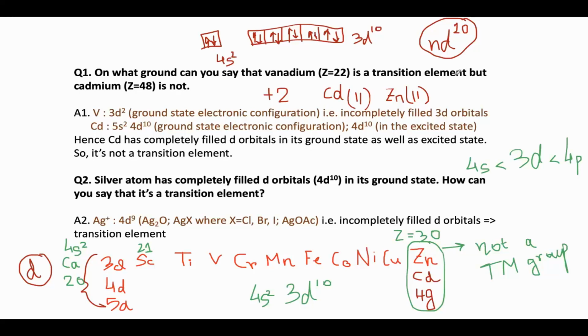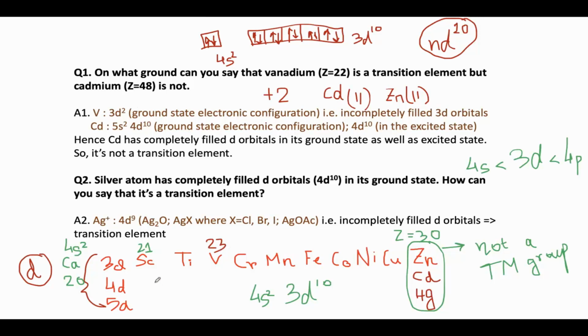When we come to vanadium, its atomic number is 23. Vanadium has some incompletely filled d orbitals.